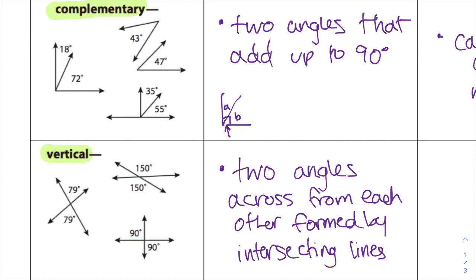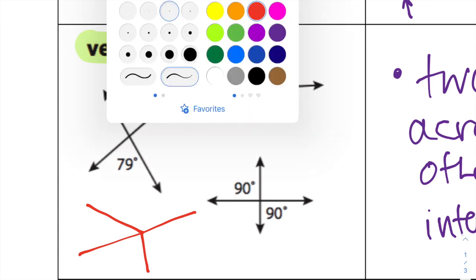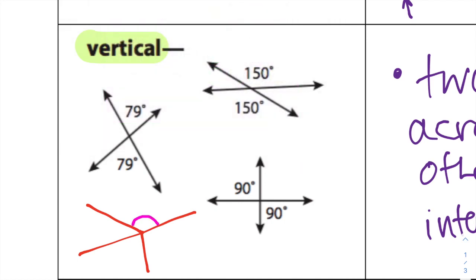The one thing that's going to try and throw you off is something maybe like this, where we have a line like this and then it kind of bends. Don't be tricked into believing that this angle right here and this angle right here are vertical, because they're not formed by two intersecting lines. This line right here bends.